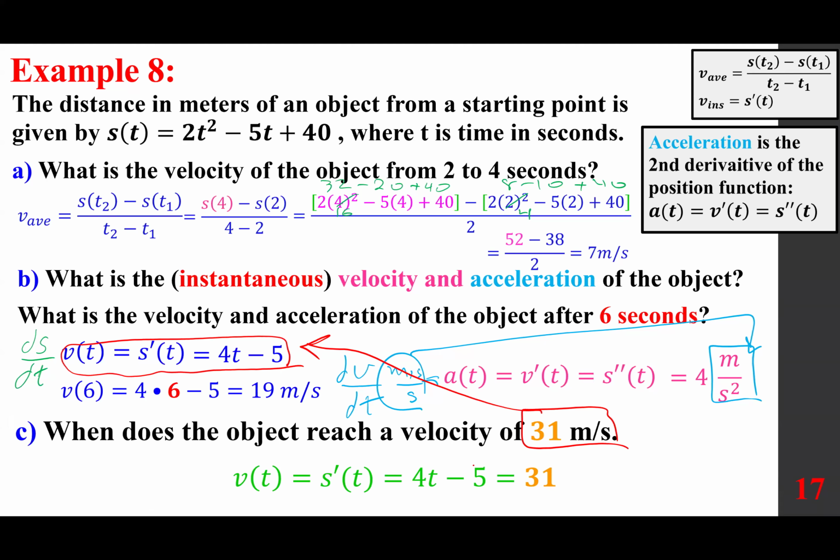And to solve this, we move the negative 5, becomes positive 5. With 31 is 36 divided by 4, 9 seconds. So when does the object reach the velocity of 31 meters per second? At t equals 9 seconds.